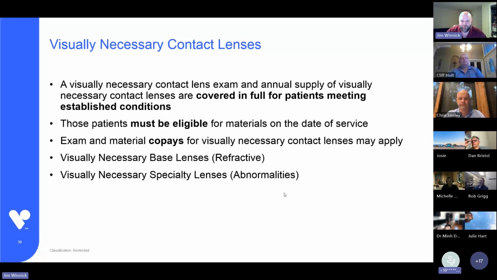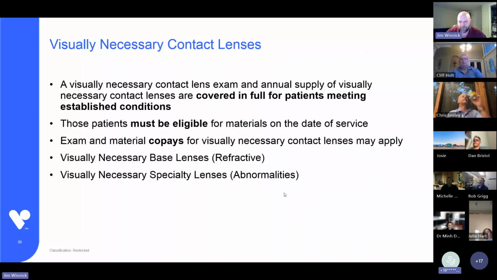You want to educate your referring doctors that they don't want to have a keratoconic patient in their practice and then use their VSP for glasses, especially if they're glasses that are basically unusable, and then refer to another optometrist for a visually necessary contact lens fit, because they just burnt their eligibility for that eligibility period. And that unfortunately happens a lot.